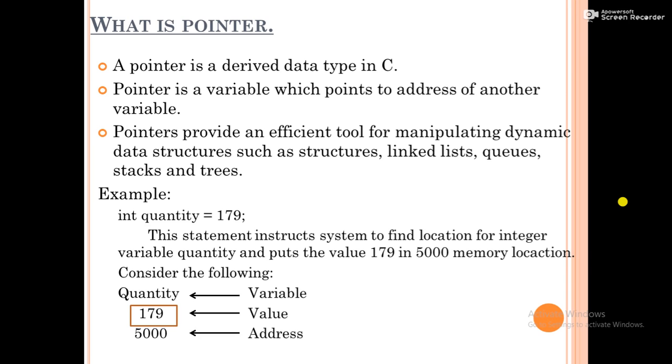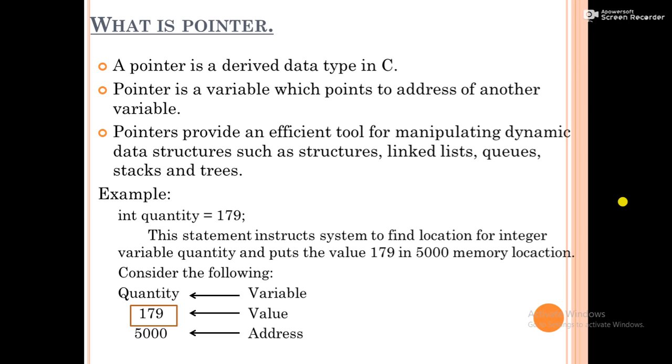So let's take an example of normal variables. quantity = 179. Here, this statement instructs the system to find a location for the integer variable quantity and puts the value 179 in memory location 5000.